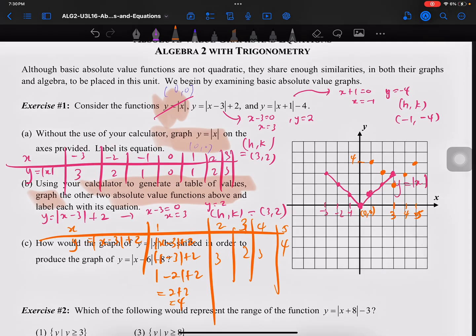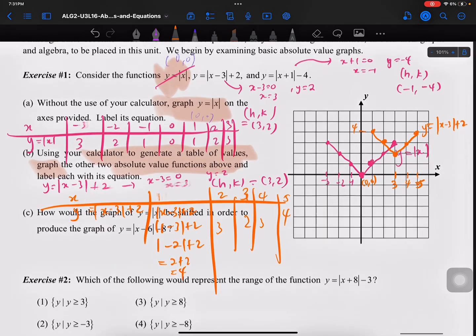So we draw a line. Okay, this will be y equals absolute value of x minus 3 plus 2. Okay, the first table is done.